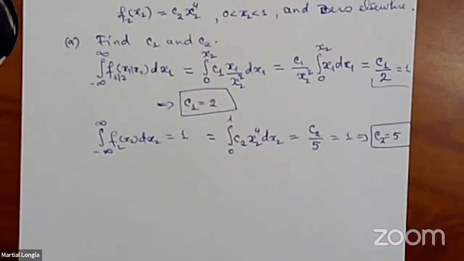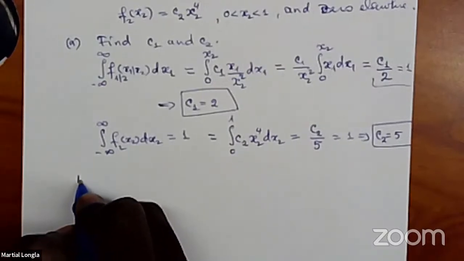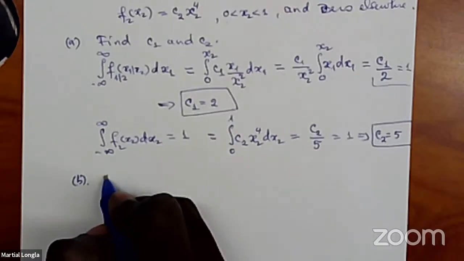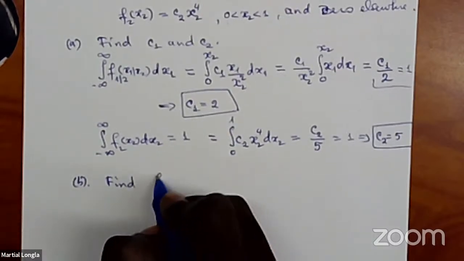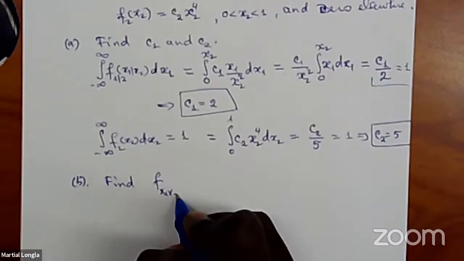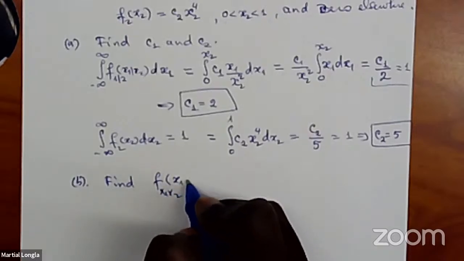Part B. B says, find the joint distribution of x1 and x2, f of x1, x2 of x1, x2.